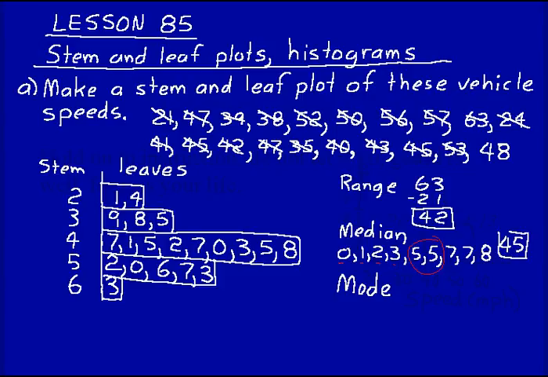Now the mode, that's the number that occurs the most number of times. And that's pretty easy to find too if we just look through our leaves and find second digits, or leaves, that are the same, and that'll tell us that that's a mode. So we look at our 2's stem, there's nothing the same there, and nothing in the 3's.